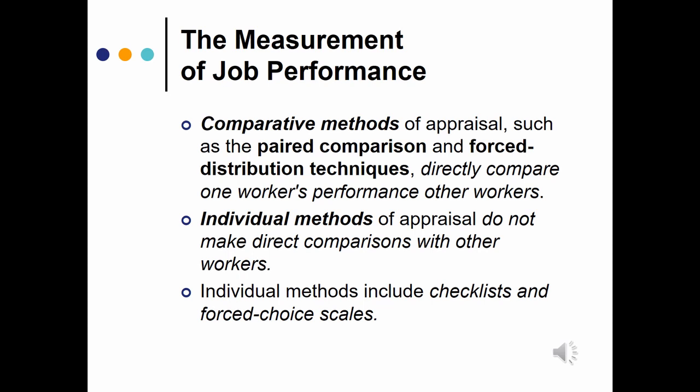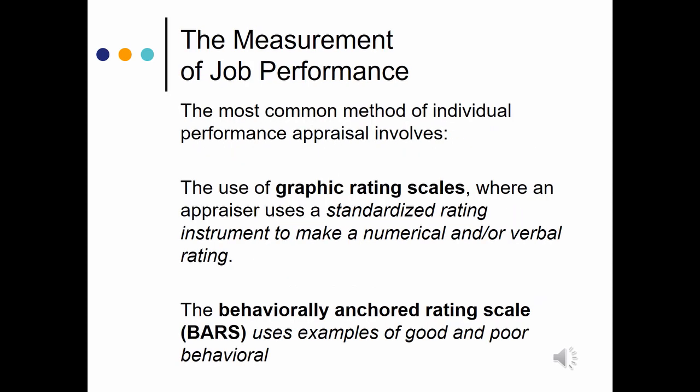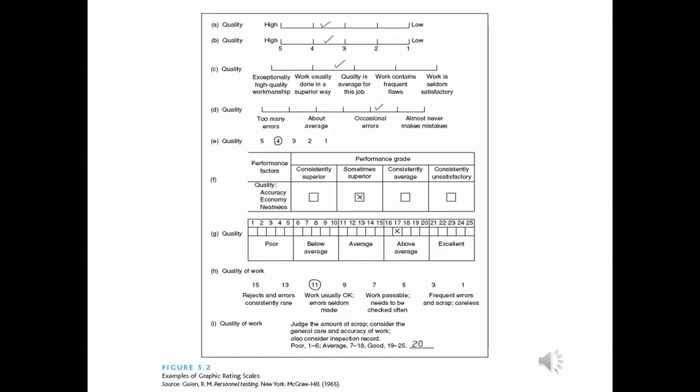The most common methods of individual performance appraisal involve graphic rating scales and also behaviorally anchored rating scales. This is an example of graphic rating scales based on some criteria.